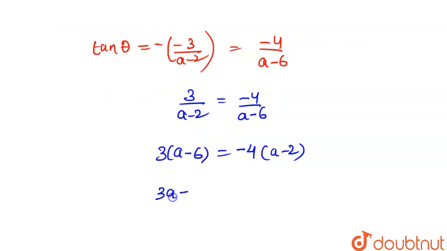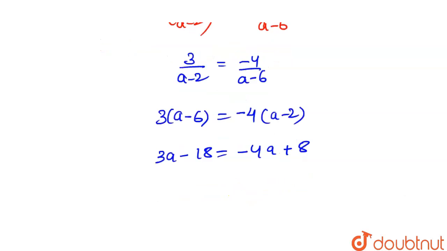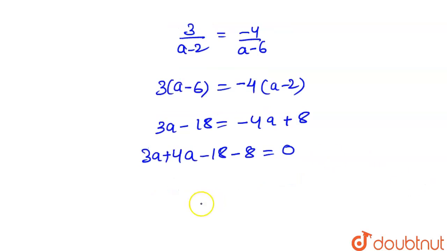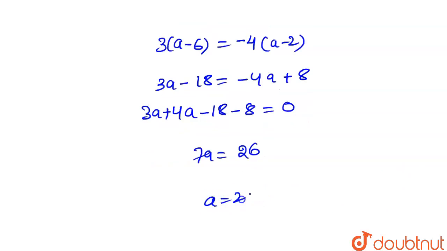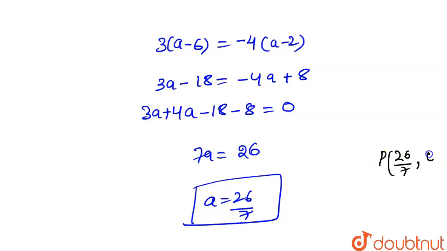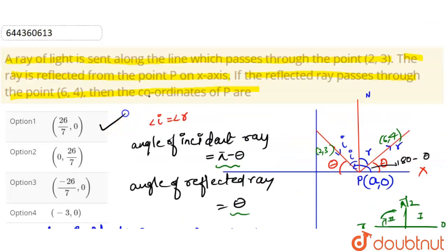This gives 3a minus 18 equals minus 4a plus 8. Shifting the right hand side terms to the left gives 3a plus 4a minus 18 minus 8 equals 0, so 7a equals 26 and a becomes 26 upon 7. So our intersection point P is 26 upon 7 comma 0, because that point was a comma 0. That means the answer is option 1.